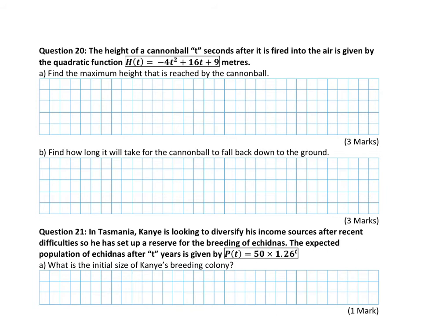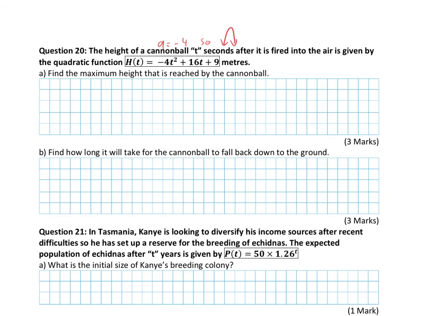So a is a negative number. My pen is thin again. A is negative 4, so this is going to be like this. The maximum of a quadratic is when it flips up like that, and that's going to happen on the axis of symmetry.